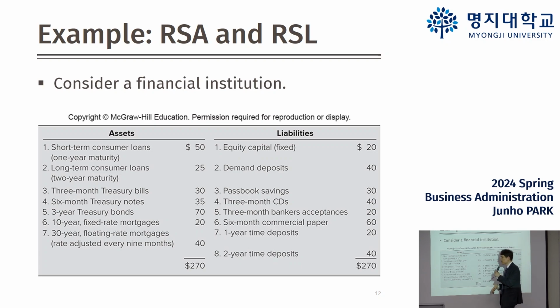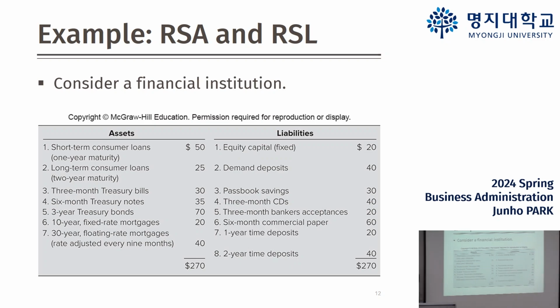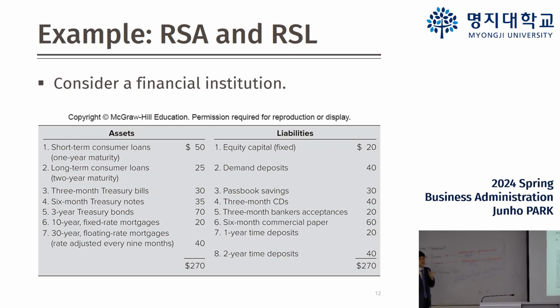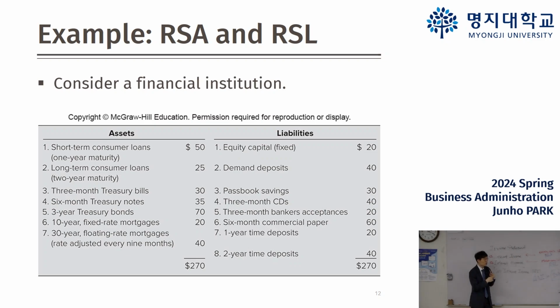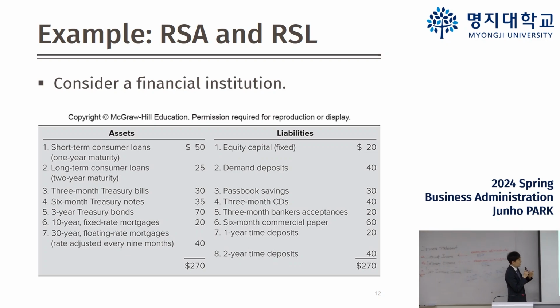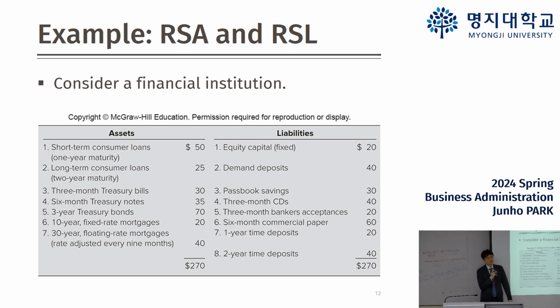And one can argue the similar logic to number 7. Number 7 is 30-year floating rate mortgages. Then you are wrong, because we should distinguish between fixed rate and floating rate. So when you borrow from the bank, you have two choices. First, you can borrow at a fixed rate.